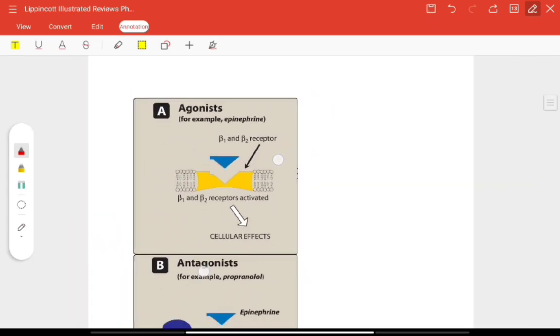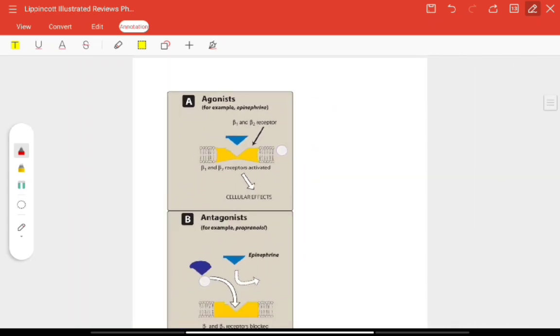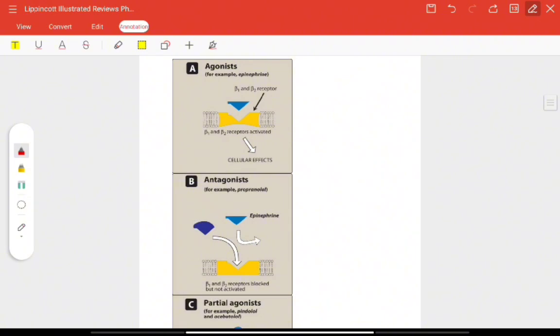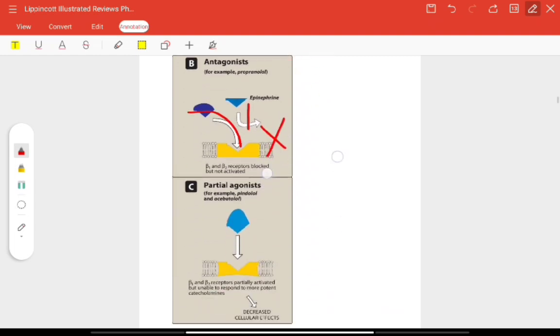Now see what happens when they act as agonists. Agonists such as epinephrine, which is purely an agonist at beta 1 and beta 2, will activate these receptors. An antagonist, when it comes, will prevent the attachment of the agonist and deactivate its functions.